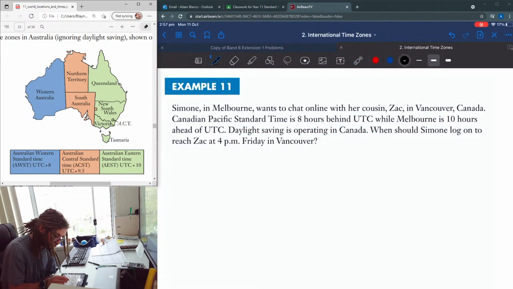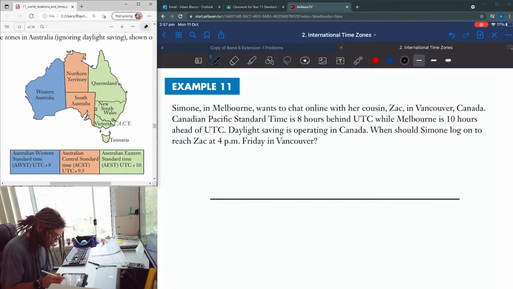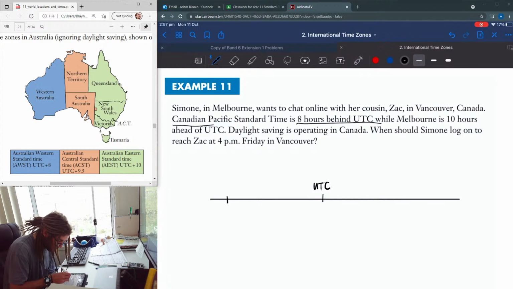So I'm going to draw my timeline. It goes from, let's start with the UTC. Just going left to right, Canada is 8 hours behind. This is going to be -8, and that's Canada.